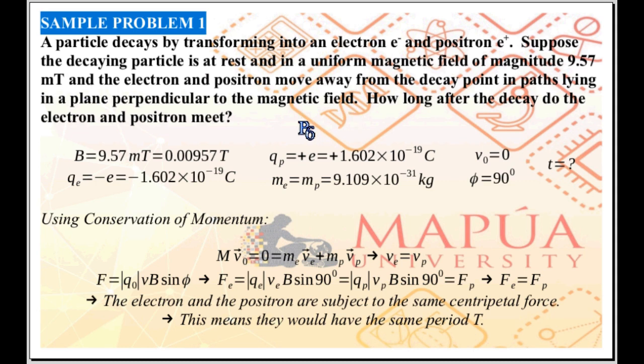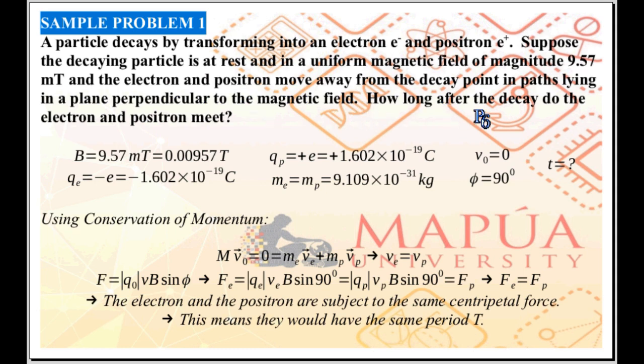This tells us that not only are the velocities of the electron and the positron opposite in direction, they move away from each other. The velocities of these two particles are both perpendicular to the magnetic field.